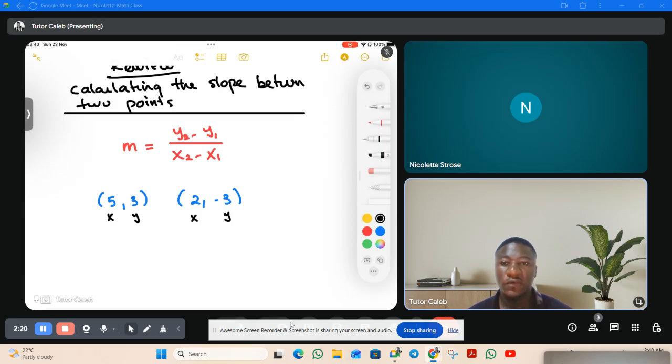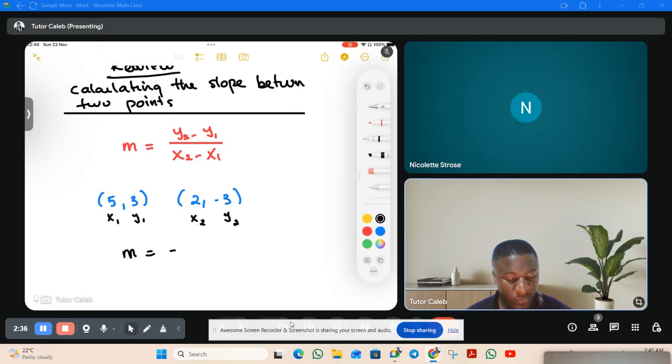For the first point, this will be x1, y1. Second point, this will be x2, y2. Then we're just going to plug these values into the formula to obtain our value for the slope.